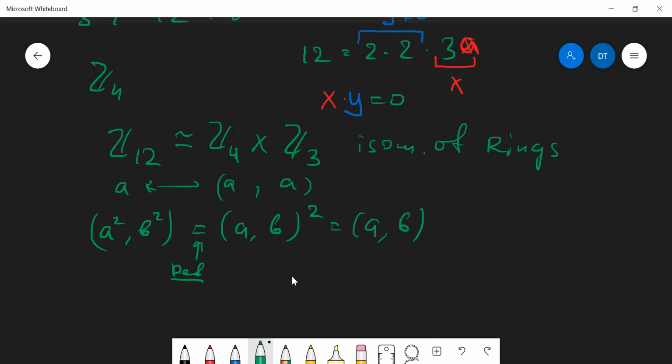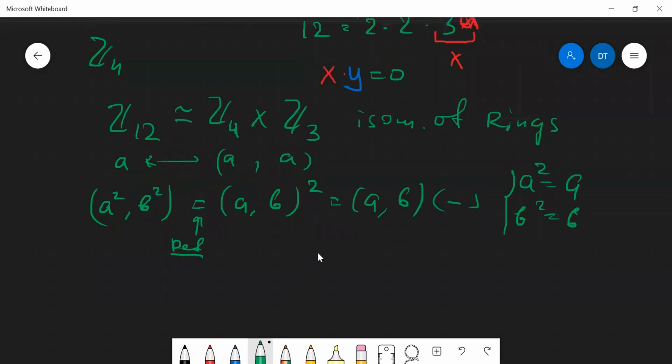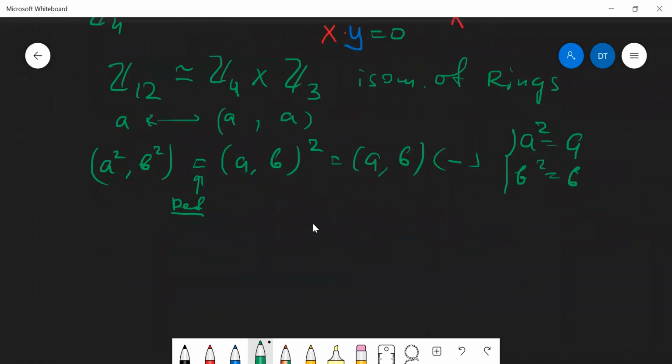So this simply means that we want to find all possible pairs A, B such that A squared equals A and B squared equals B. So we just reduce the problem of searching for the idempotents here to the problem of searching for all possible pairs of idempotents here and here. But since Z3 and Z4 are smaller, it's much easier to find idempotents there.